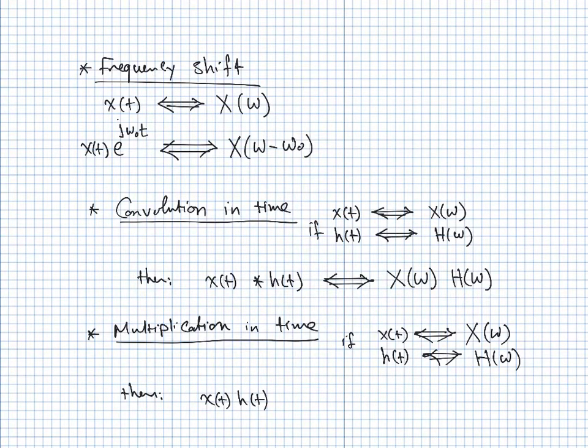So if I have to multiply those two signals in time, then this corresponds in the frequency in, again, a convolution, x of omega convolved with h of omega, with a scaling factor 1 over 2 pi. Okay, so you end up in frequency domain with x of omega convolved with h of omega, and then you scale the result by 1 over 2 pi. Okay, this is the correspondence, or this is the Fourier transform of the multiplication of two signals in time.